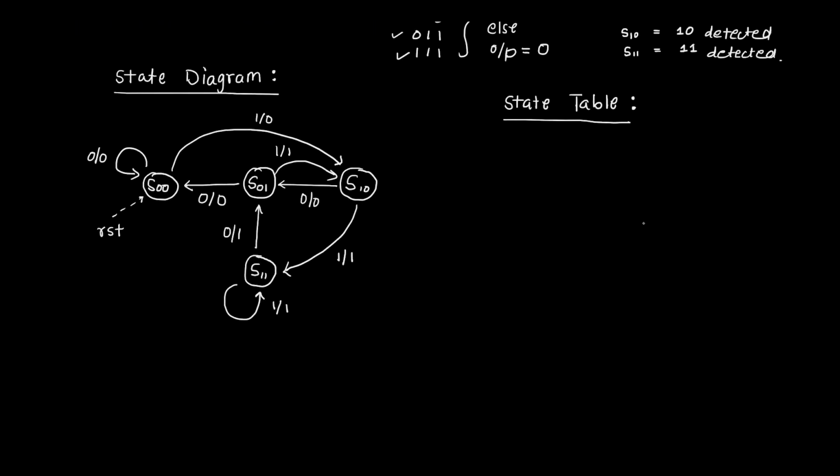So I'm taking my input as X, and the two states are QA, QB. QA plus and QB plus are my next state, and Z is my output. So let me fill the state table.